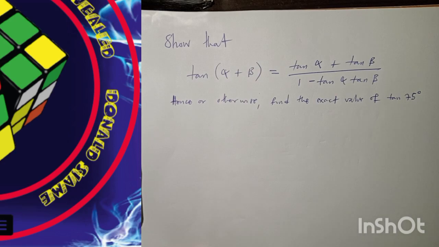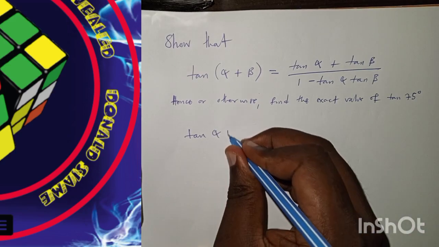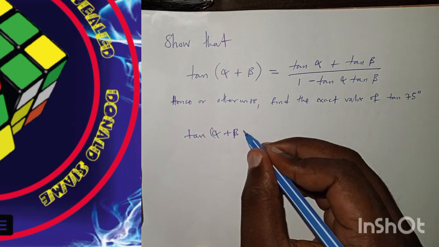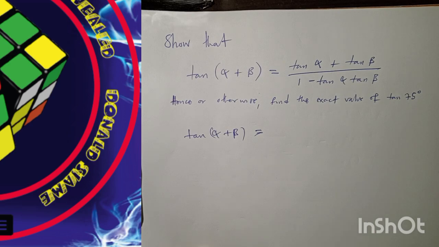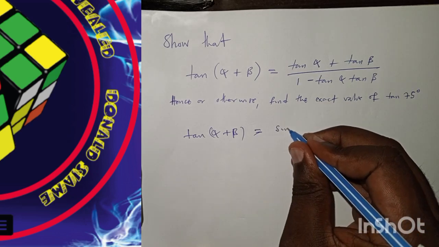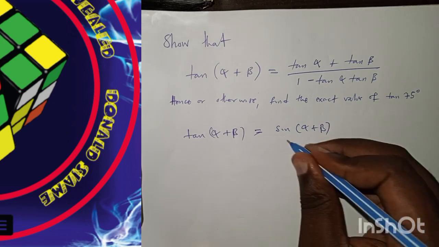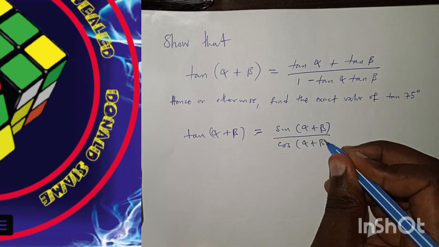What you do here is start with the left hand side of the equation. You say tan of alpha plus beta is equal to, since tan is just sine over cos, sine of alpha plus beta over cos of alpha plus beta.